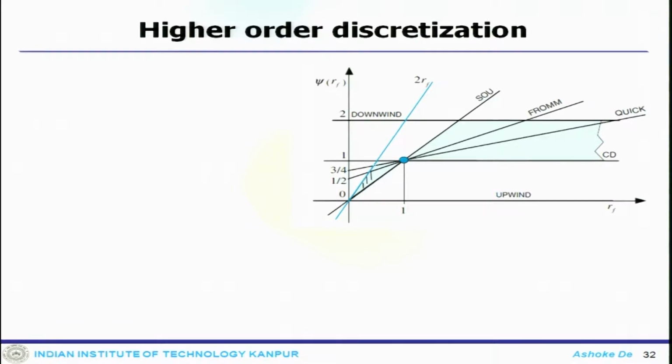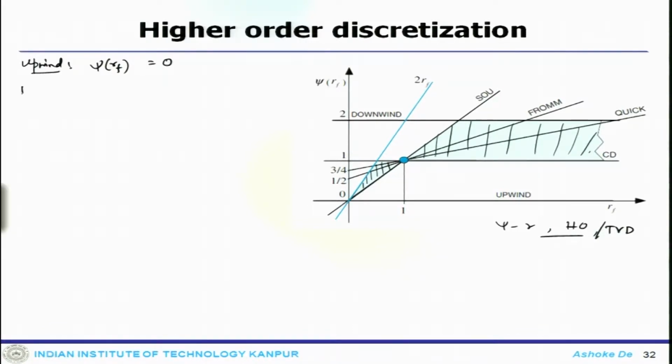This nicely shows the region where all the monotonicity preserving schemes can be found, in this particular shaded region, and this is the psi r diagram for higher order and TVD monotonicity preserving schemes. So, as we said, the upwind scheme will provide you psi r f equals 0, that is the upwind scheme which lies here.